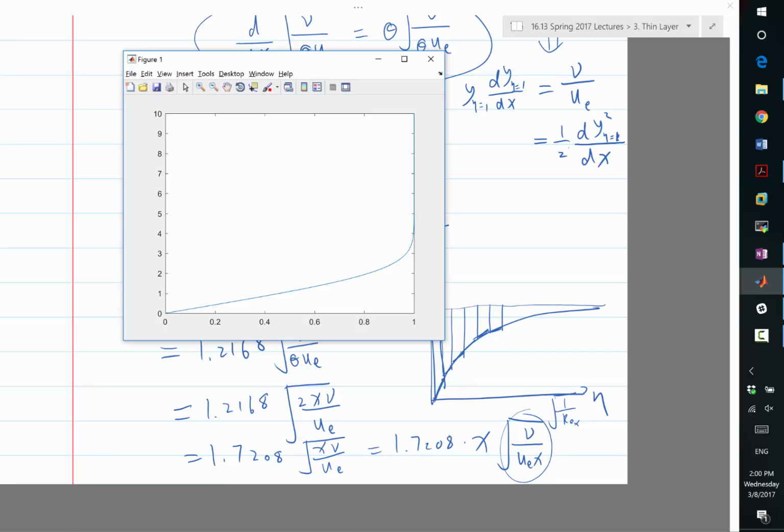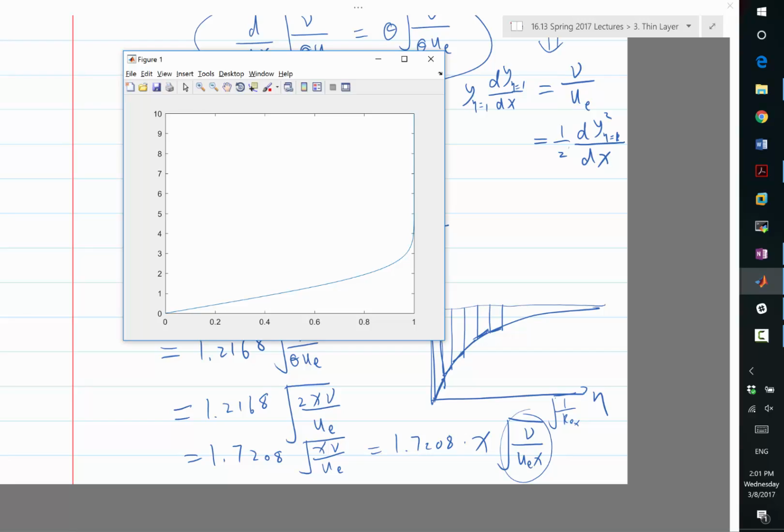So what this means is that if you take the whole block, the total area under this 1.2 is going to be the same as this area over here. So it's like the mass deficit thickness, right? Yes, that's the mass deficit thickness, also called the displacement thickness.